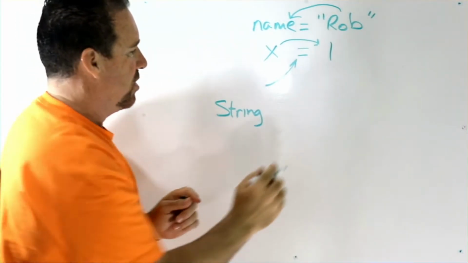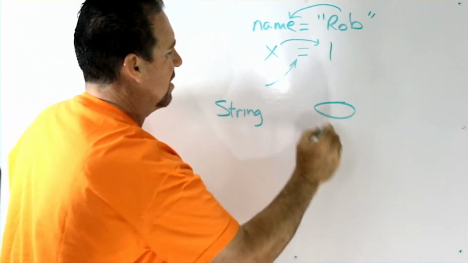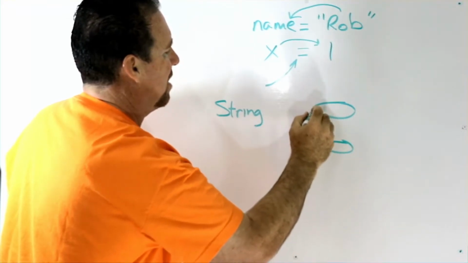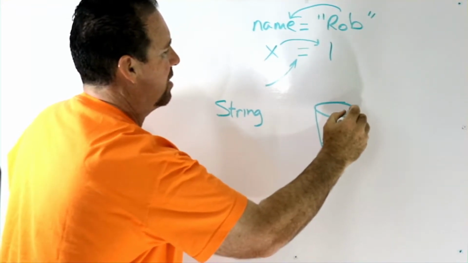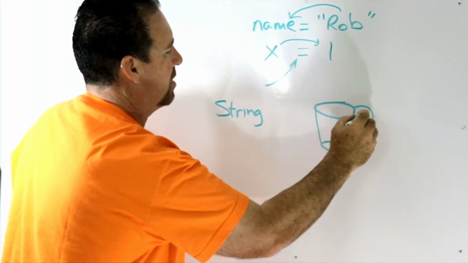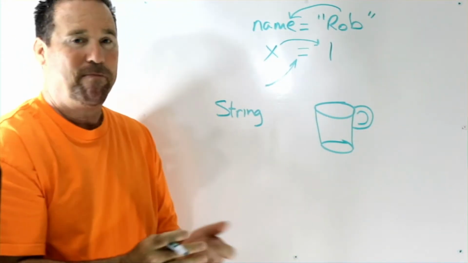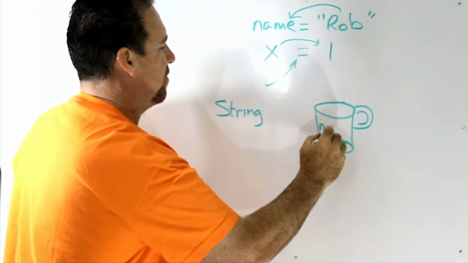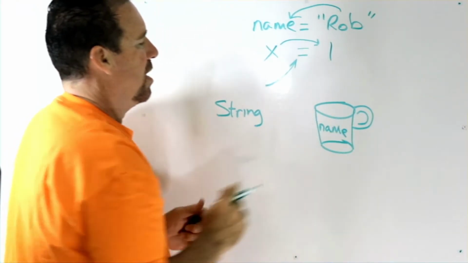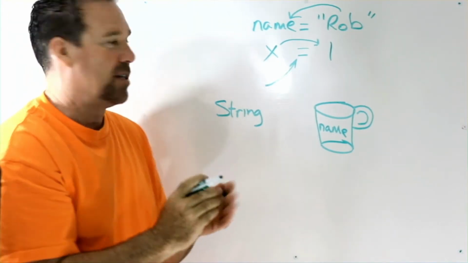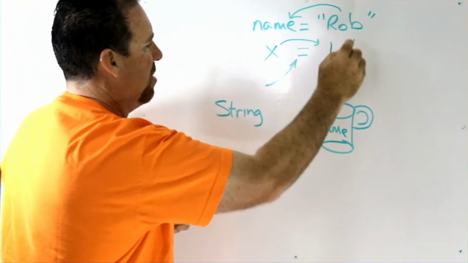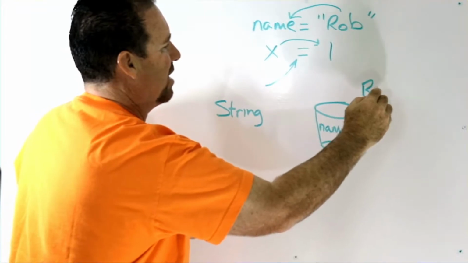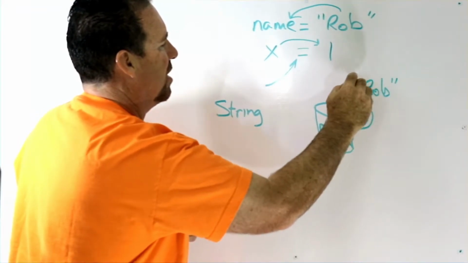Or what I like to do is draw a cup. All right, there's my cup. And my cup could be named name. What I want you to see is this Rob being put right inside the cup, and it's holding it in there.